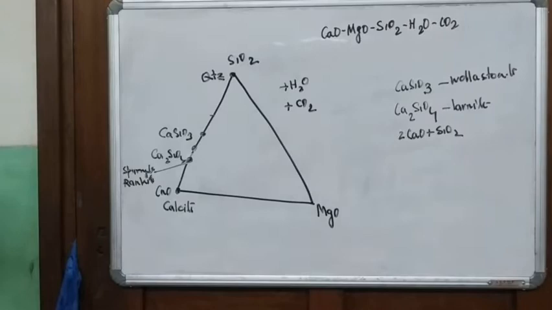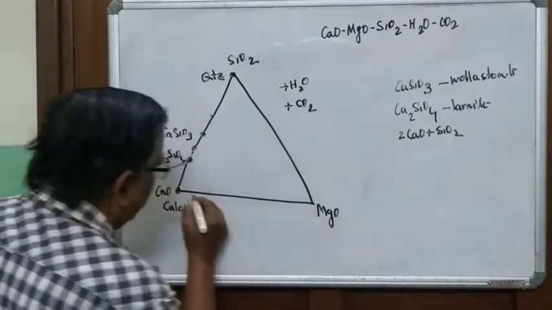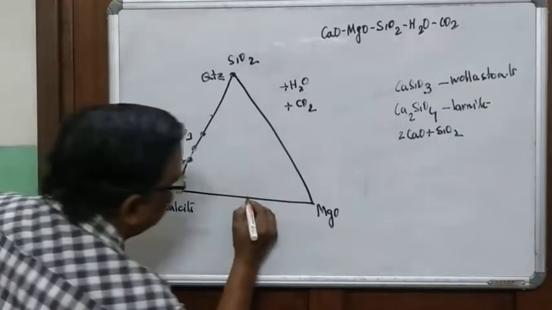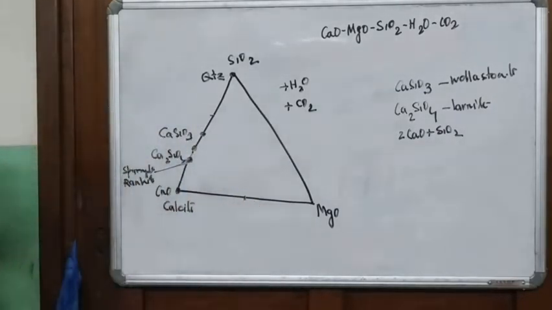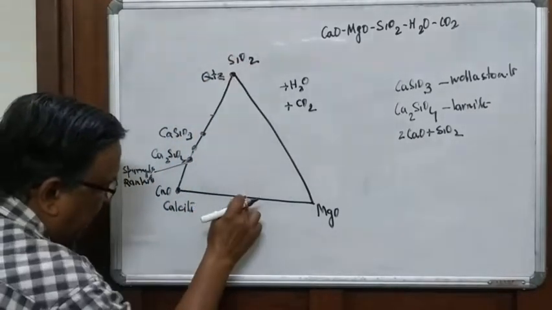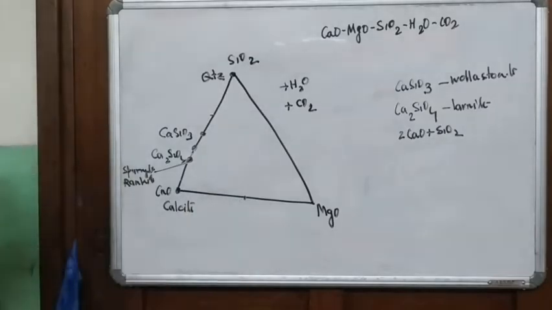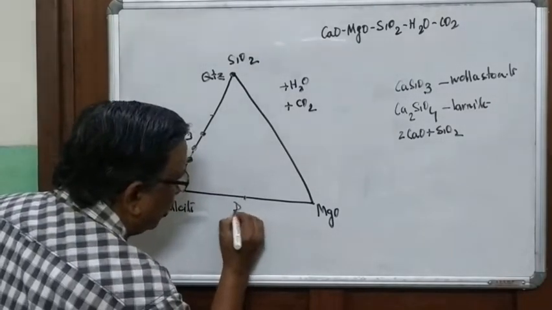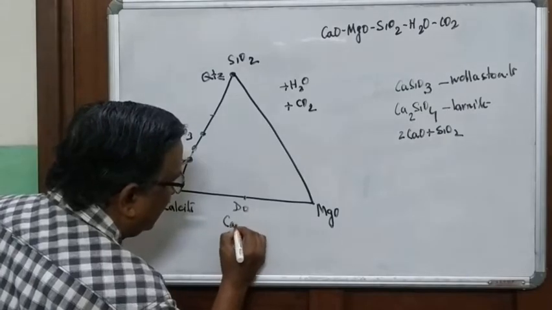And now what happens here on this? Here you see this is the CaO-MgO line. So if I take the midpoint here, then you see at this point there is no silicon. Silicon is zero. So the mineral that you have here is dolomite. What is the formula?